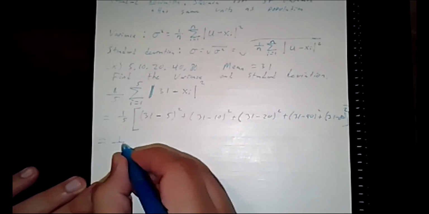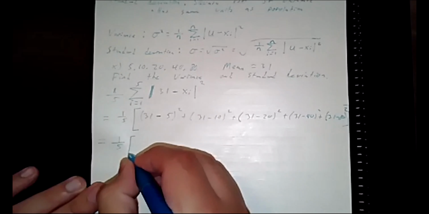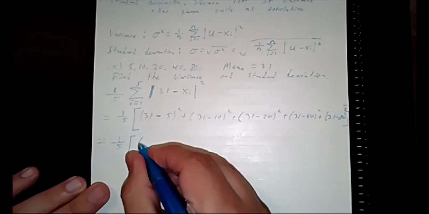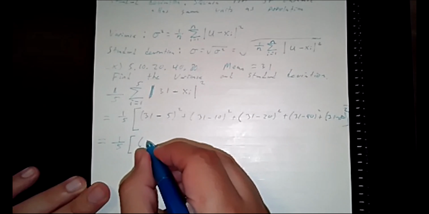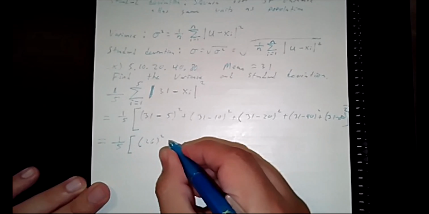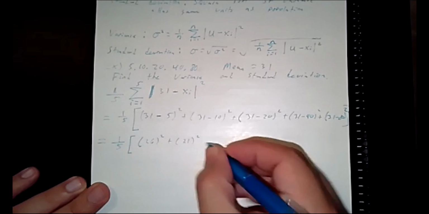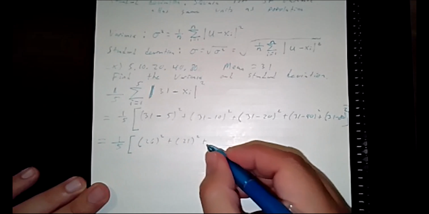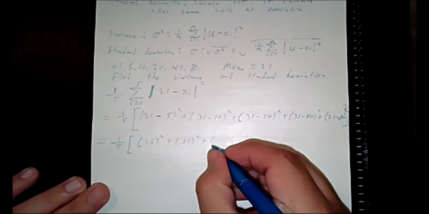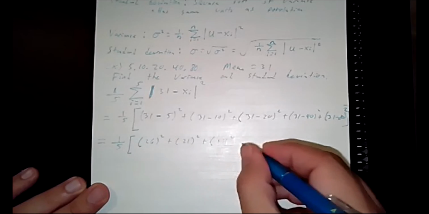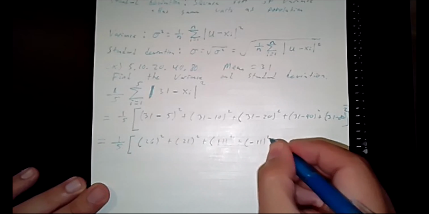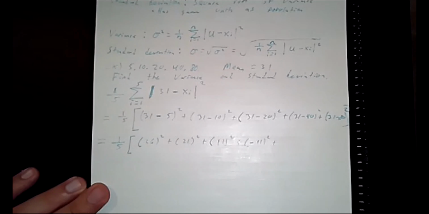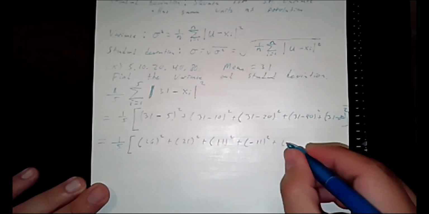Let me simplify this because right now it looks kind of ugly. 31 minus 5, that's going to be 26 squared, plus 21 squared, plus 11 squared, plus negative 11 squared, plus 31 minus 80, that would be negative 49, I believe.